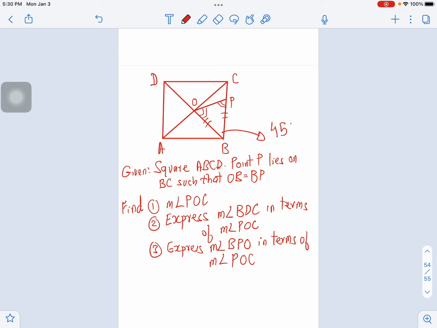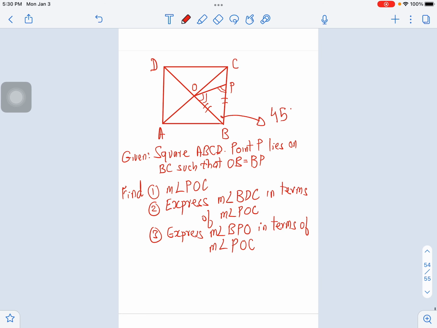right? Now if that is a 45 degree angle, and if I stay on the triangle OPB, I realize that triangle OPB is an isosceles triangle. Angle OBP, which is this angle, is the vertex angle of the isosceles triangle.